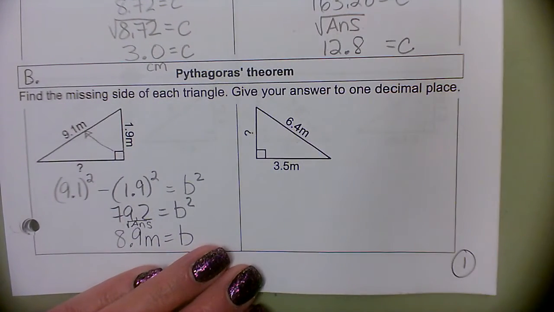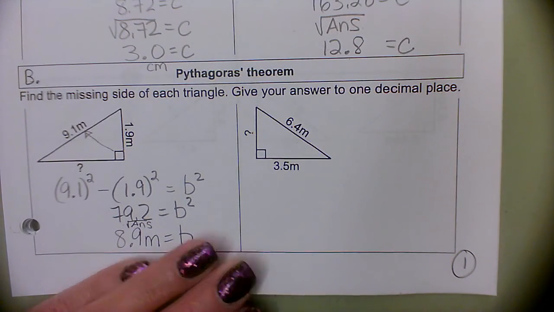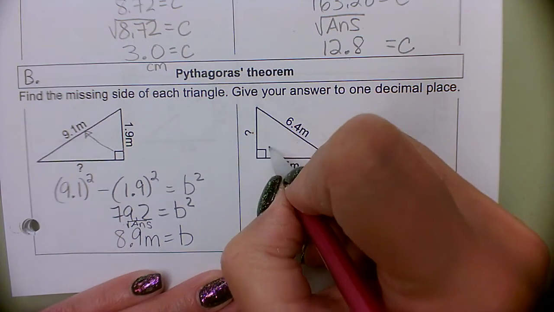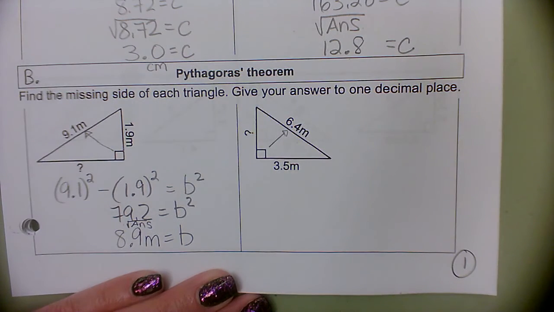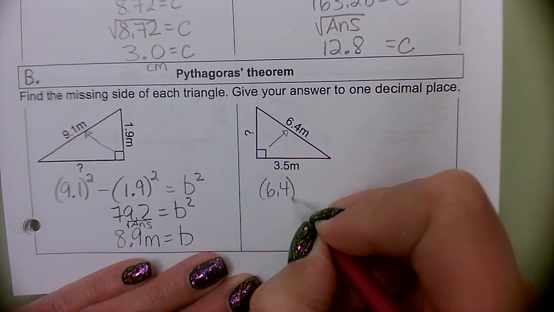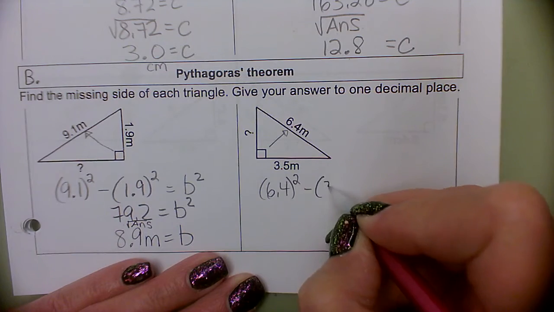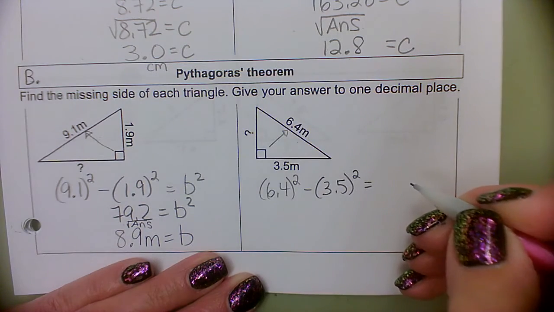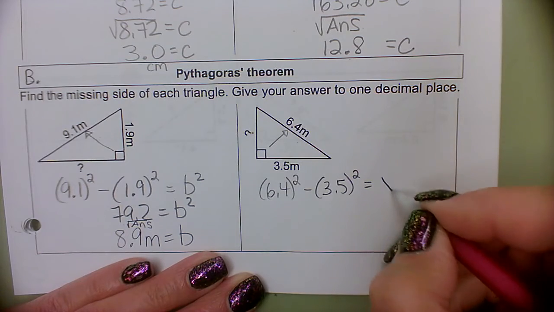Again, same one. If you want to stop the video and try this one out before I do it, do that. Again, I have the hypotenuse, and I'm finding a side, so I'm going to set it up. Hypotenuse squared minus leg squared equaling the side I don't know. You can label any letter you want, you can even go x squared.